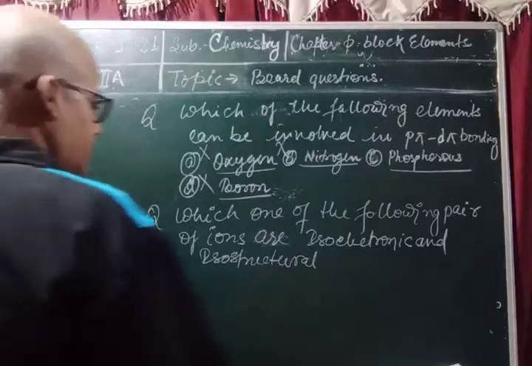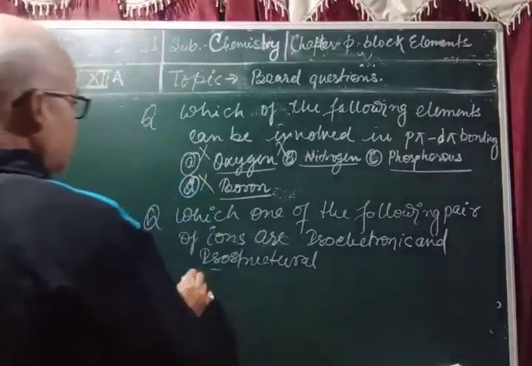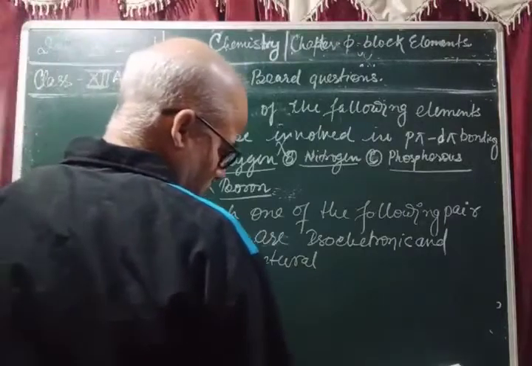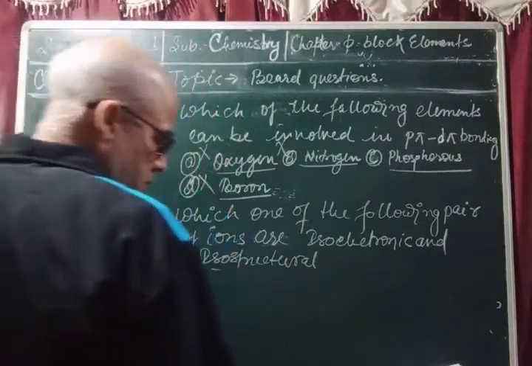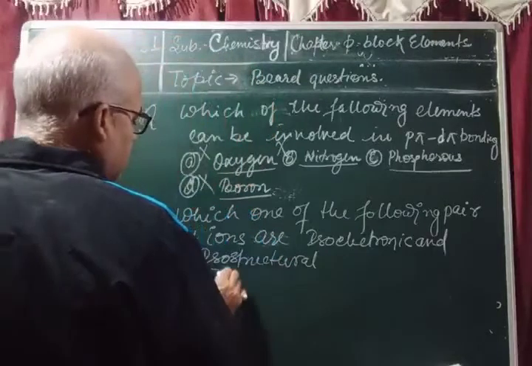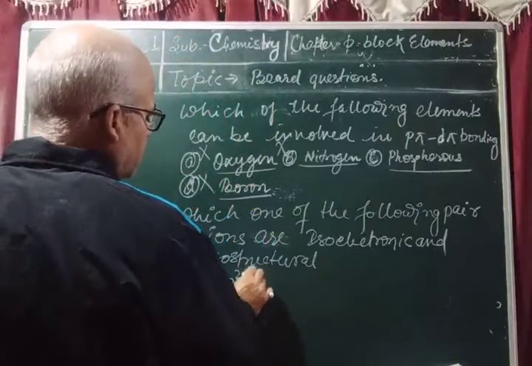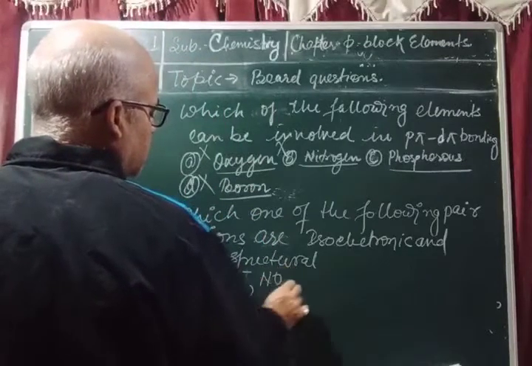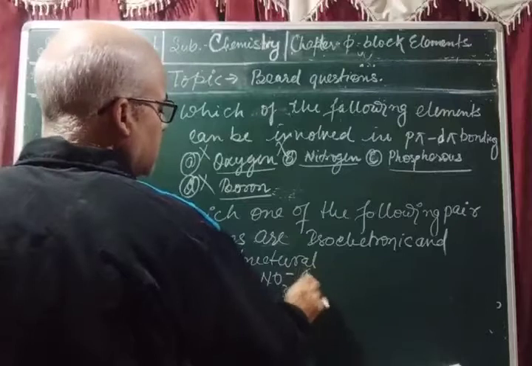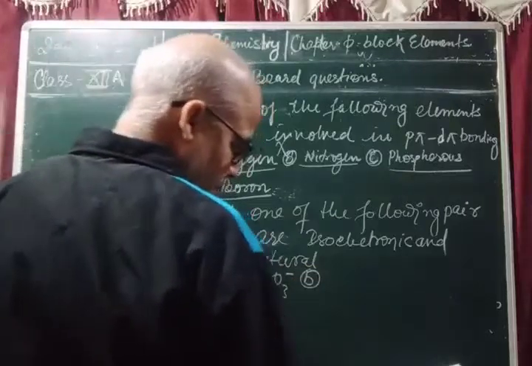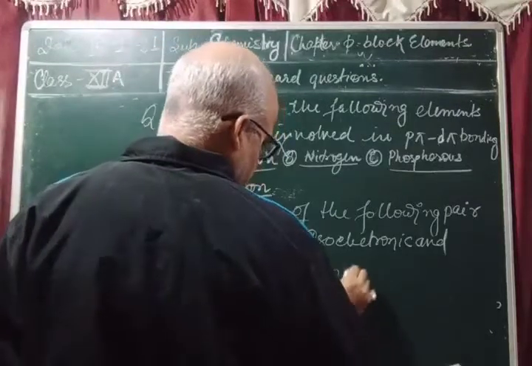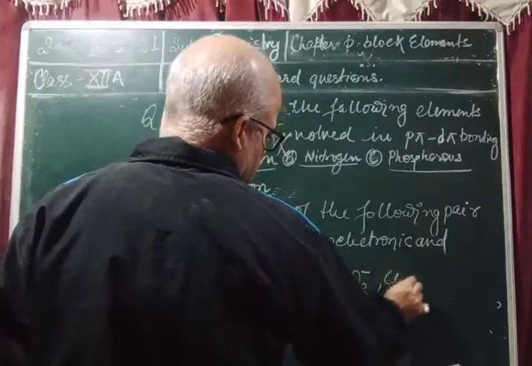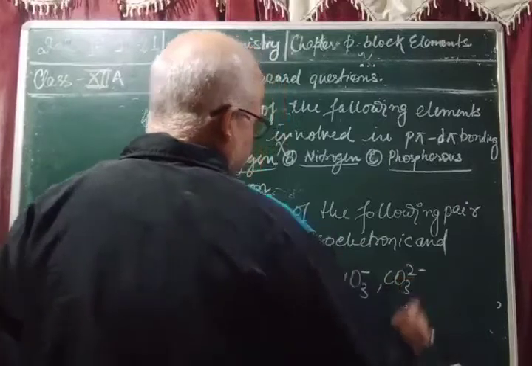Now see the options. Option A is CO3 2 minus and NO3 minus. Option B, ClO3 minus and CO3 2 minus.